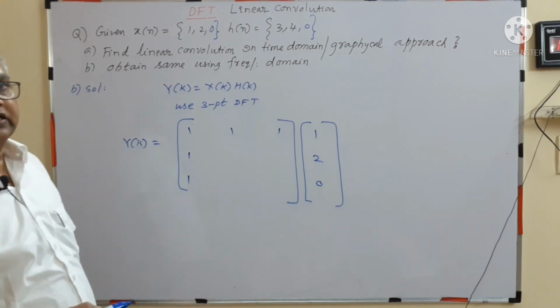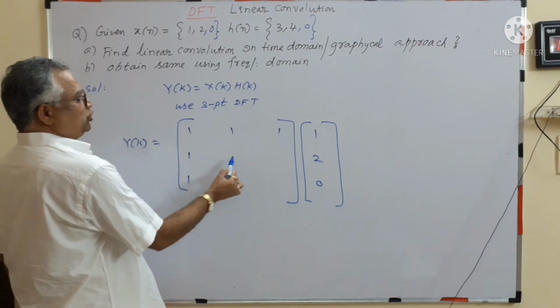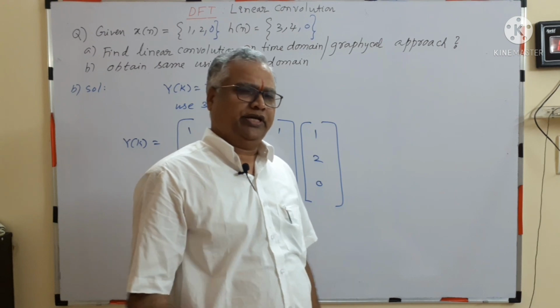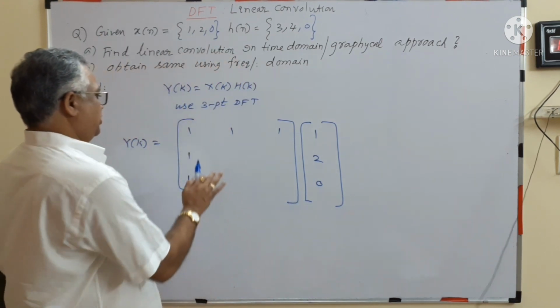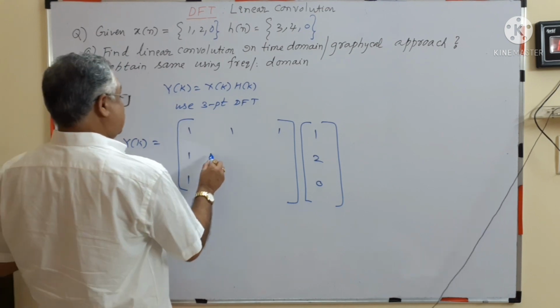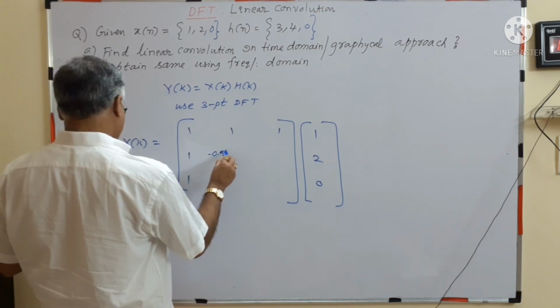This table, in the previous class I explained how to generate a W3 matrix. Generalized procedure W4, W8, W6 and so on. W3 matrix earlier I have given. So this is minus 0.5.